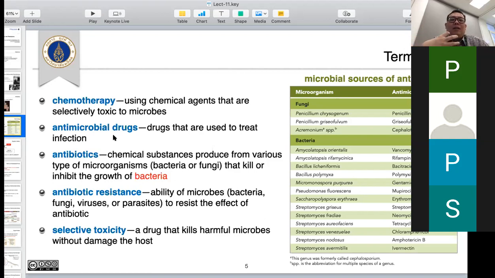But now the term antibiotic points only to bacteria. A chemical that affects fungi we now call antifungal, and one that affects viruses we call antiviral. So now we mean antibiotic is antibacterial.